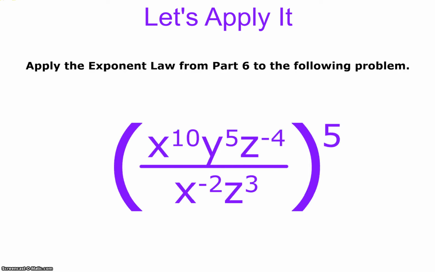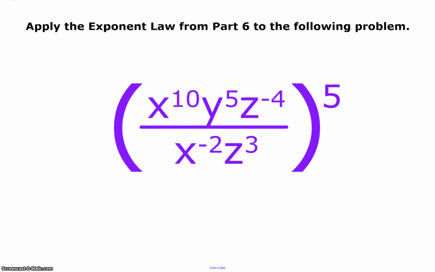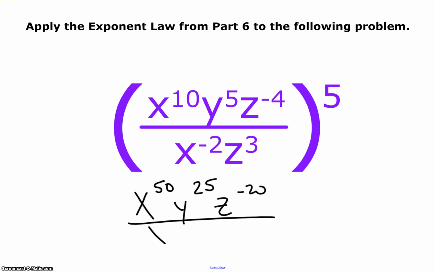Another example. Apply the exponent law from part 6 to the following example. So I have x to the 50th, y to the 25th, z to the negative 20 divided by x to the negative 10, z to the 15th.